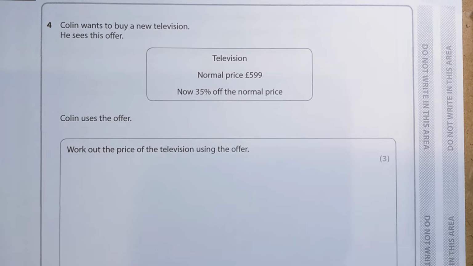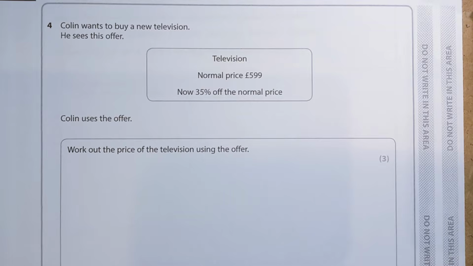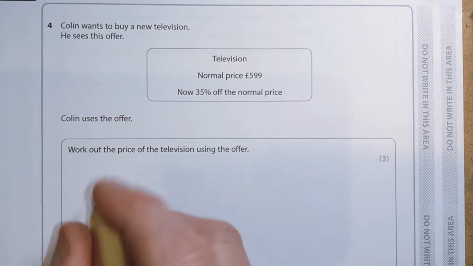Question 4. Colin wants to buy a new television. He sees this offer. Television, normal price £599, now 35% off the normal price. Colin uses the offer, work out the price of the television using the offer. So what we want to do is work out what 35% is and then take it away from the original price.